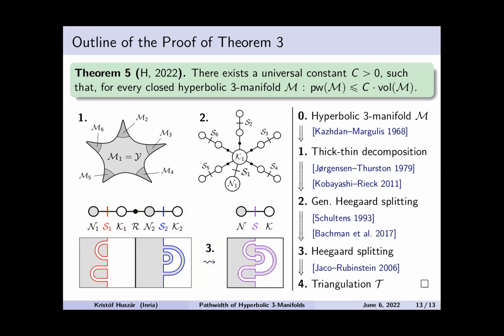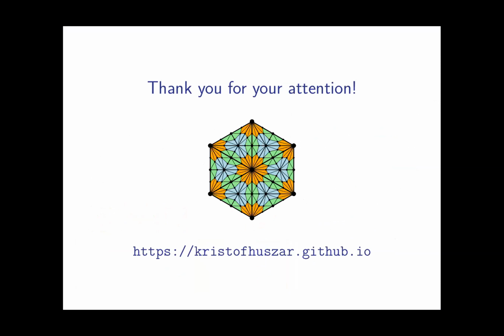And in the final step, we make use of the work of Jaco and Rubinstein, and we deduce that we can now provide a layered triangulation of this manifold, where actually the path width is bounded above in terms of the volume, in a way as it is stated by theorem 5. And I would like to conclude with this note, and I thank you for your attention.